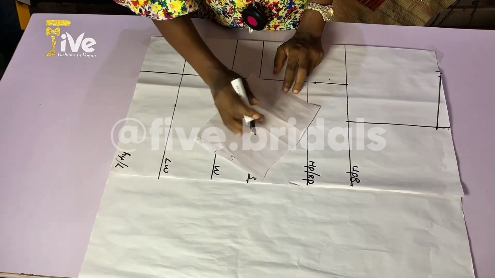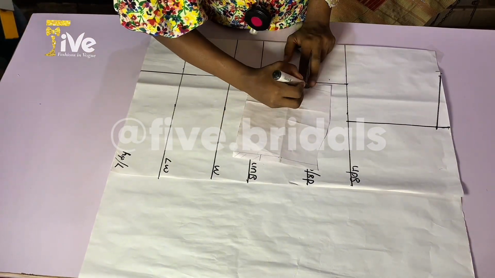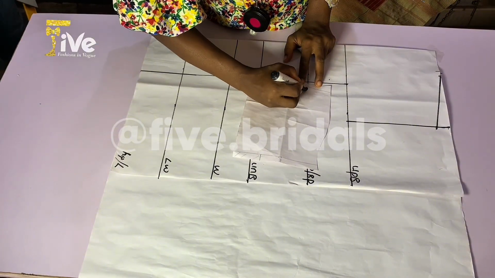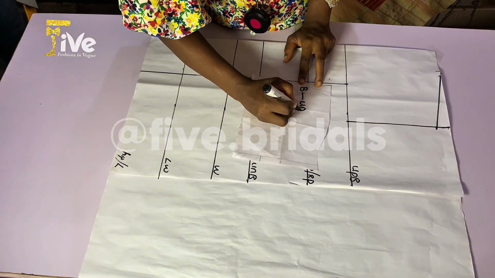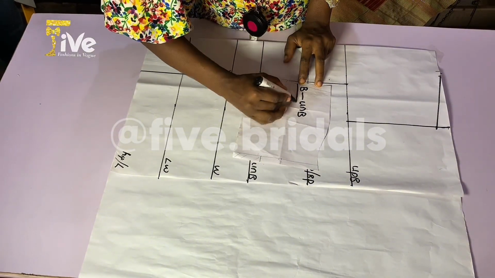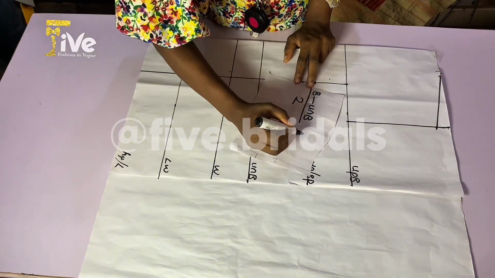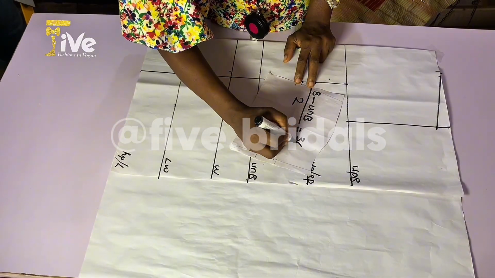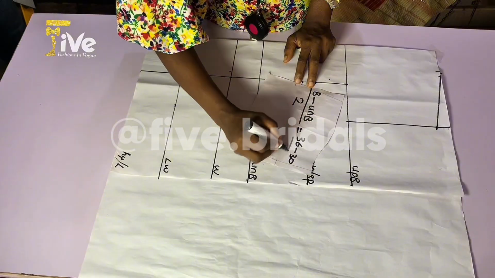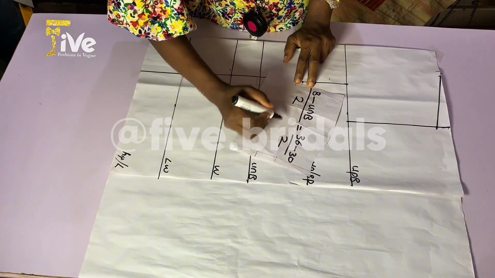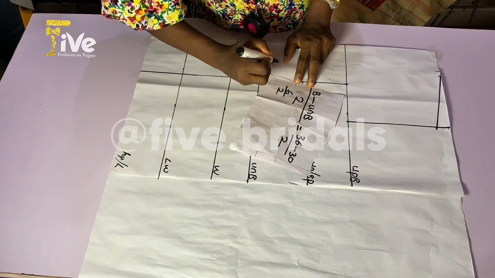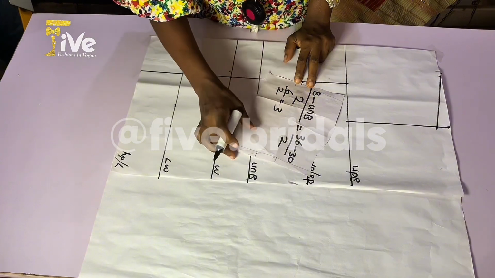For the bust curve, we say bust minus under bust divided by 2, which is 36 minus 30 divided by 2, which gives us 6 divided by 2, which is 3.